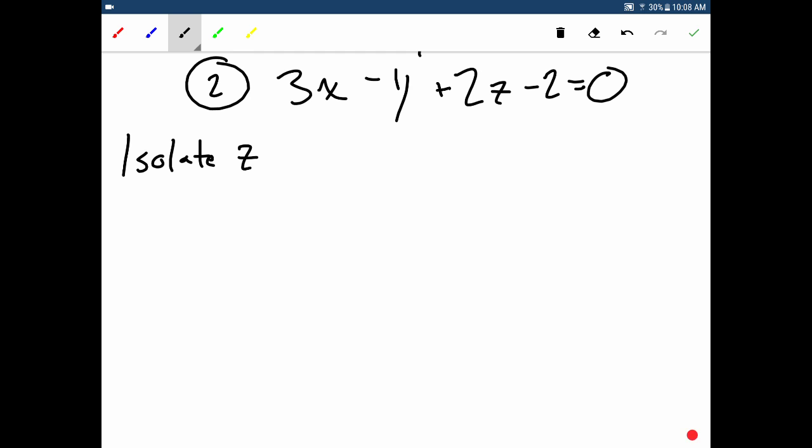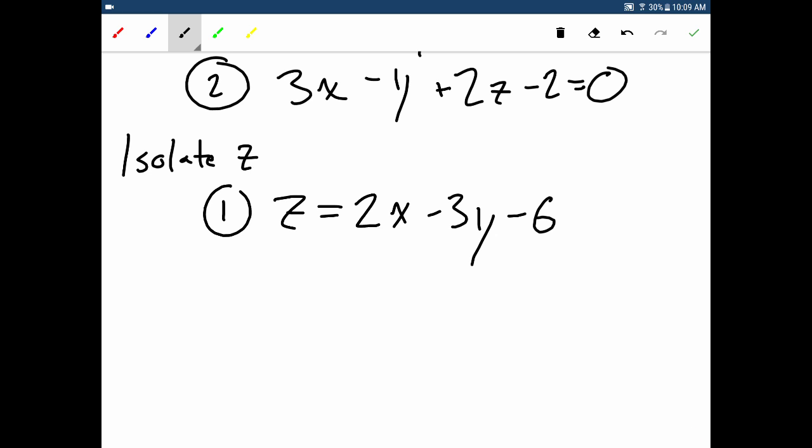Okay, so anyway, we'll isolate z, and I'll do it with equation 1, and what I get is z equals 2x minus 3y minus 6. Then we'll sub this new equation 1 into 2.